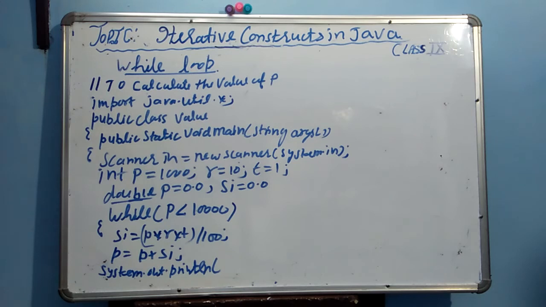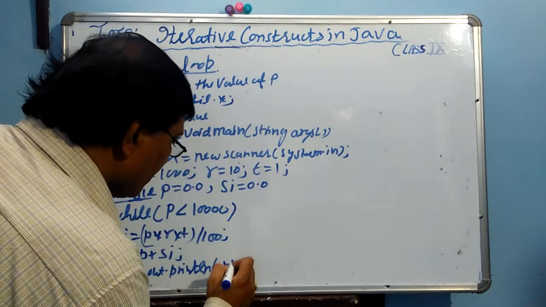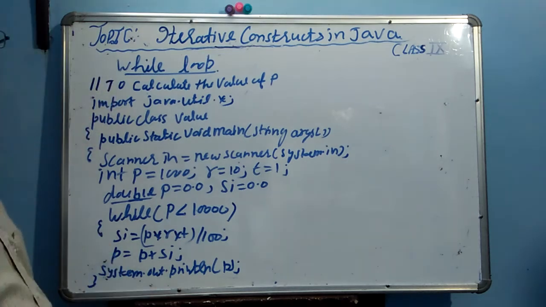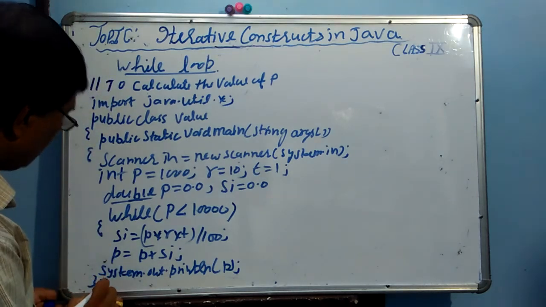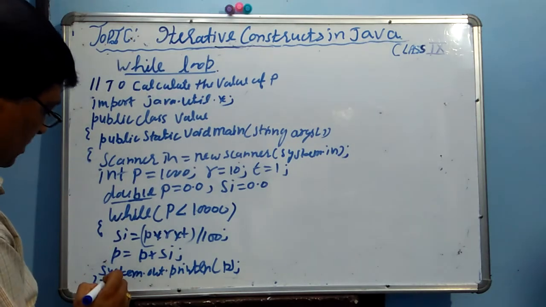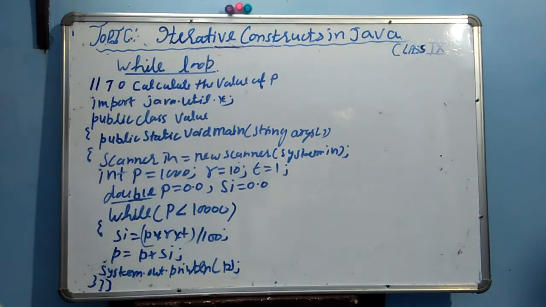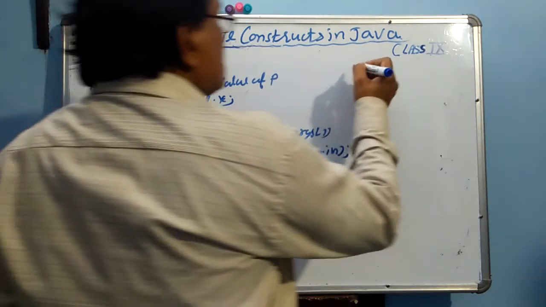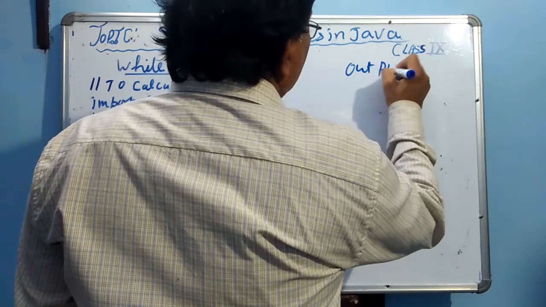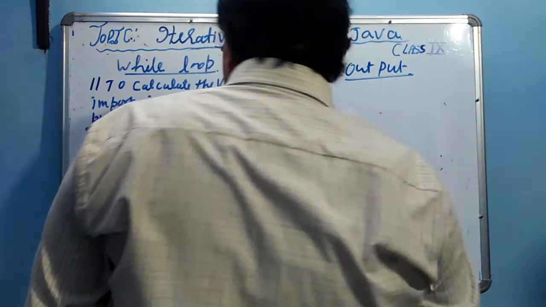We have to write P, and then close. Clear? Now when you run this program, this is the output, and this is how it will run.